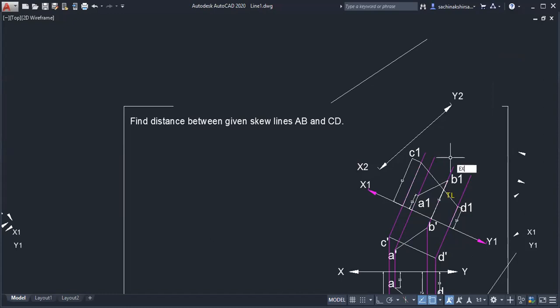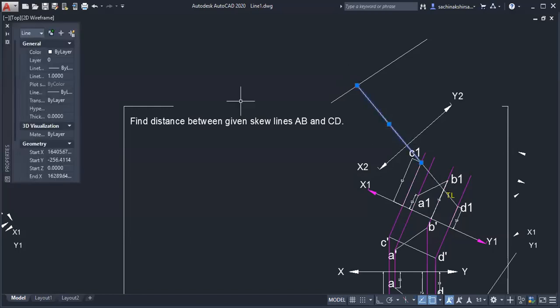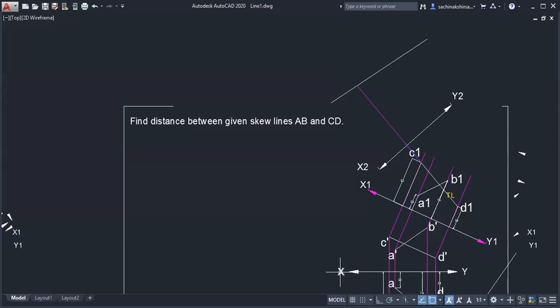Three. Why three? C1 D1 will be on a single line. That is why it will come on one projector, because we have drawn X2 Y2 perpendicular to C1 D1. Likewise, three projector lines are going to come.